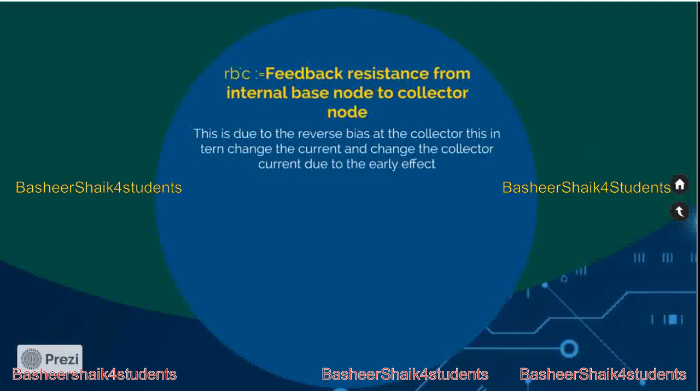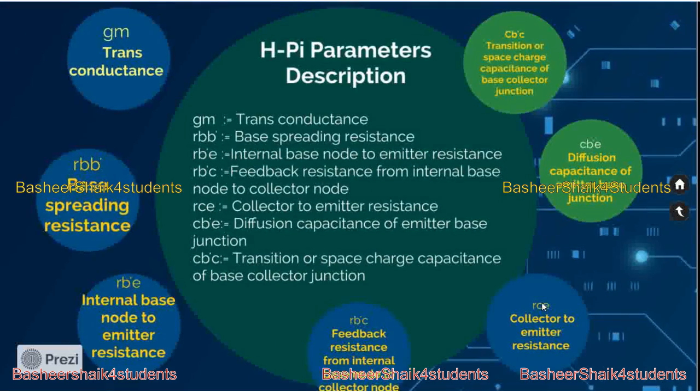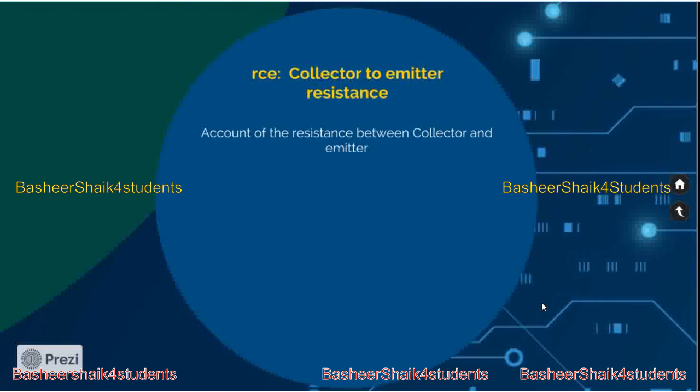Now we move towards RCE, the collector to emitter resistance. It represents the entire resistance covered from the emitter to the collector, and is named the output resistance existing in the circuitry.